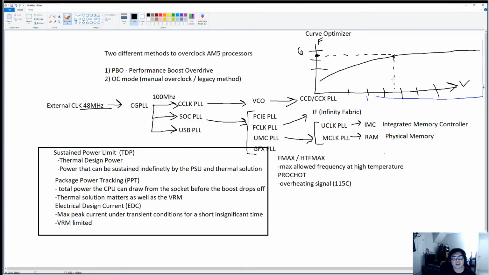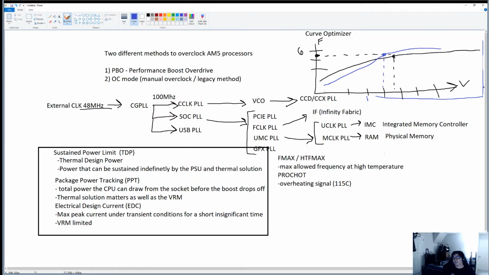They're all different. Now, what Curve Optimizer is essentially saying is, if I apply a negative or positive voltage offset, like what Joey just said in the chat, negative 30 for CCD0 and negative 20 for CCD1, what that is basically saying is, for a given frequency, give me that frequency at possibly a lower voltage. So where this intersects here, I want the same frequency, but now at a lower voltage.